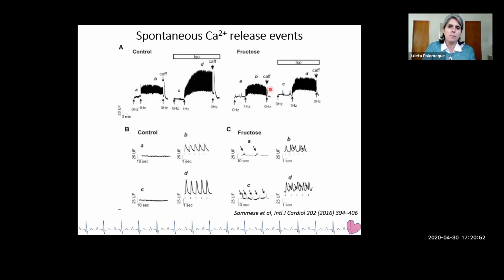But when we examine the myocytes from fructose-treated hearts, we can see that in quiescent condition they have spontaneous calcium release events, and even in between the beats you can see release of calcium. And this is magnified when it's submitted to adrenergic stimulation.